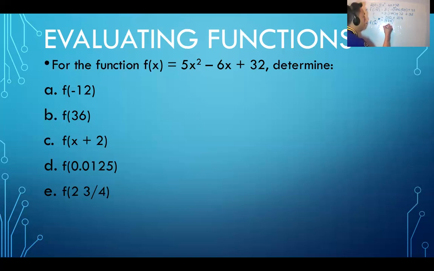So I will copy 5 and then 36 squared minus 6 times 36 plus 32. Again, we need to do this one first before we multiply it by 5. Got it? So I will copy 5. 36 squared. What is 36 squared?